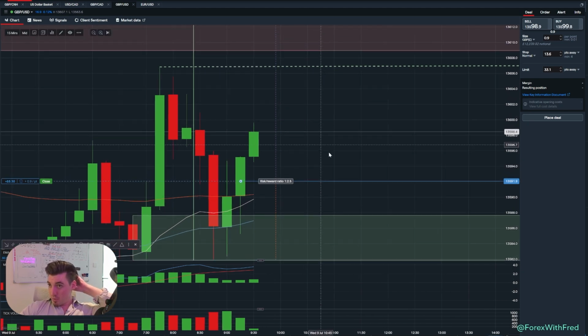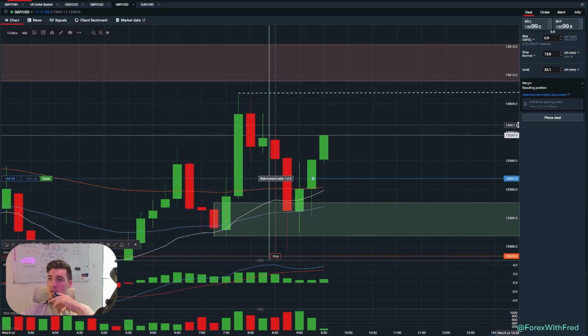Okay, we're seeing a bit of push into the upside. It's good. Hopefully momentum remains very strong.